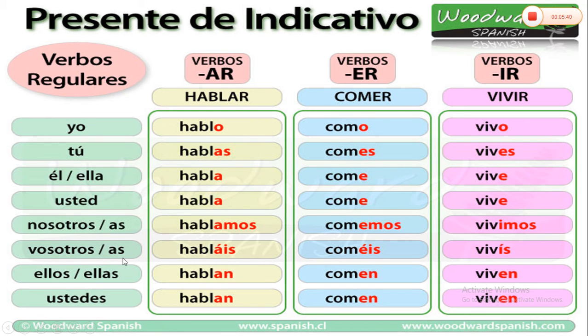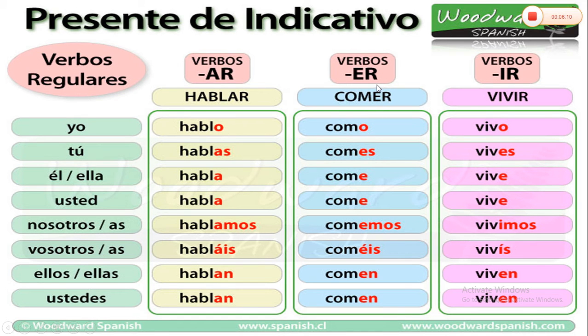Vosotros, vosotras habláis means you all speak, but vosotros is used in Spain only. Ellos, ellas hablan means they speak. Ustedes also means you all, but it is used in Latin America. And ustedes hablan means you all speak.